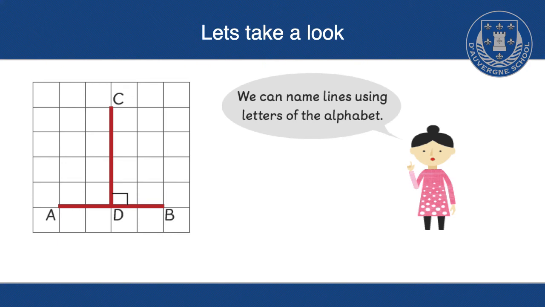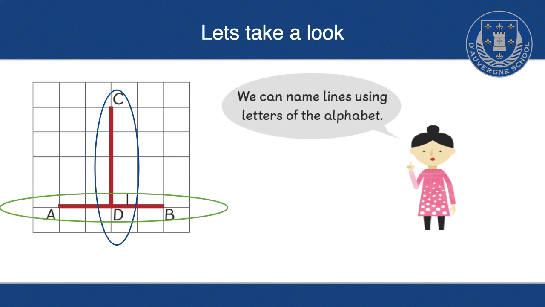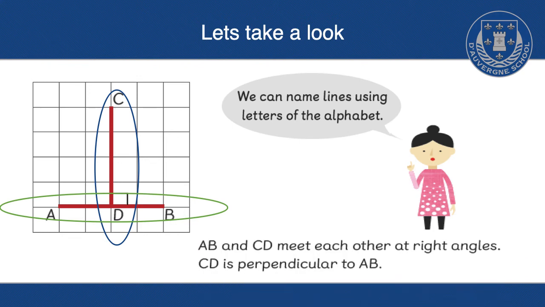So we've got a line that goes C to D, so that's our vertical line that comes down, and we've got our A and B line, which is our horizontal line, and when they meet, they make that right angle. So we can say that lines AB and CD meet each other at a right angle. So we can also say that line CD is perpendicular to line AB.